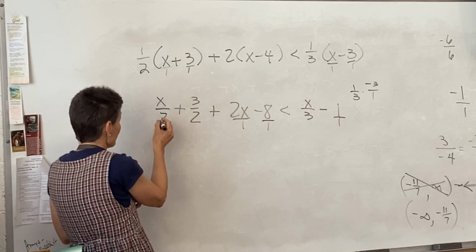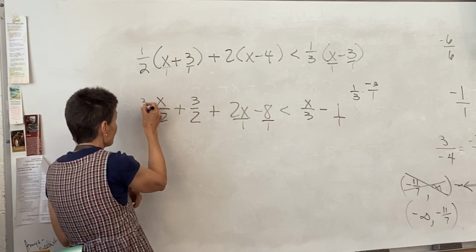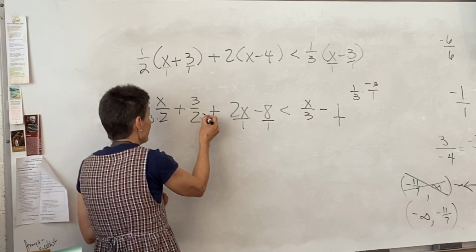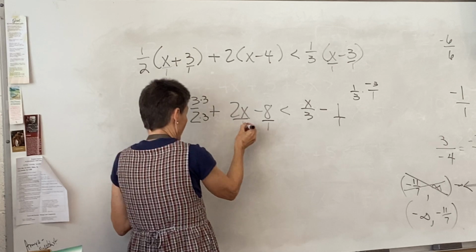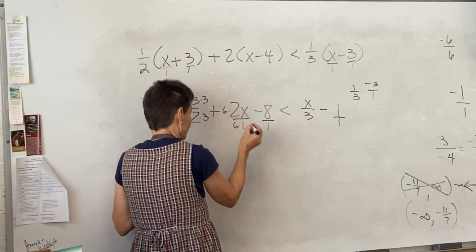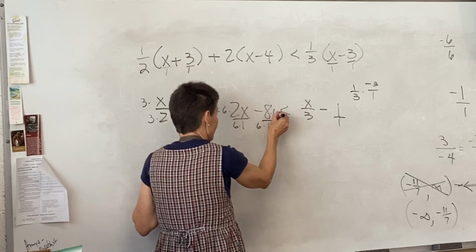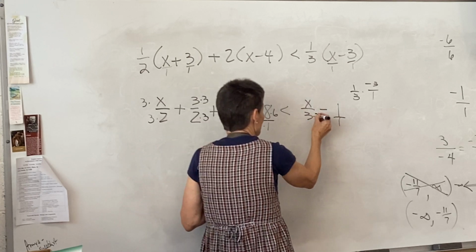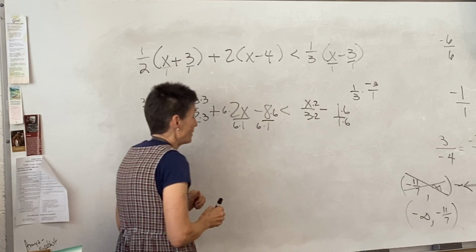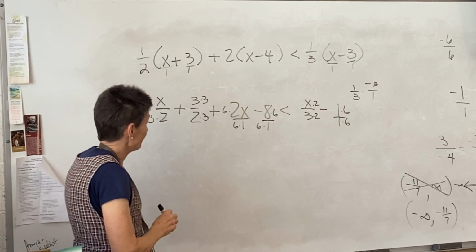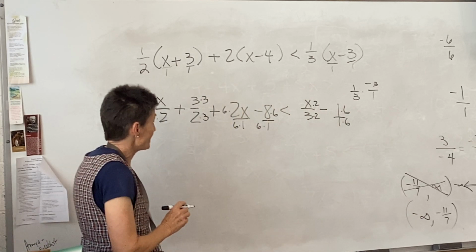So we're going to multiply this one by 3, this one by 3, this one by 6, and 6, and 2, and 6. All right, let me stop there. Let's catch up. It's kind of a mess.